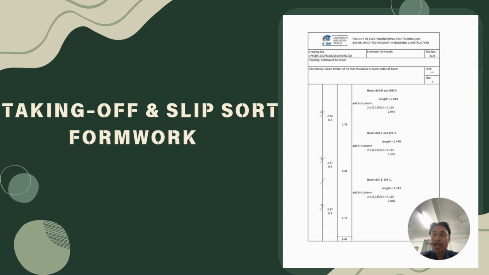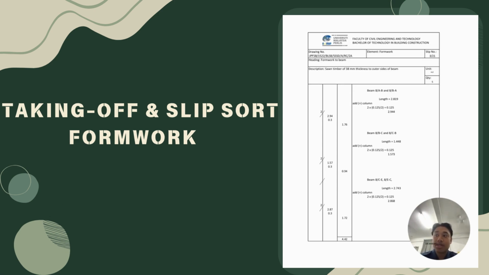So we total up, we will get 1.573. We get 2 units of beam that have the same length. Then we need to times 1.57 and times the depth of the beam, which is 0.3. So we'll get 0.94 meter square.